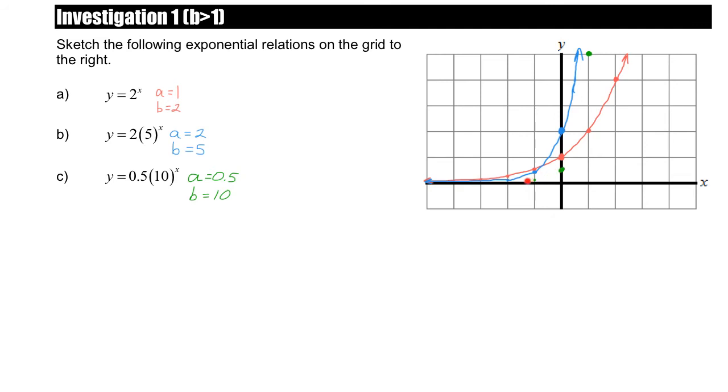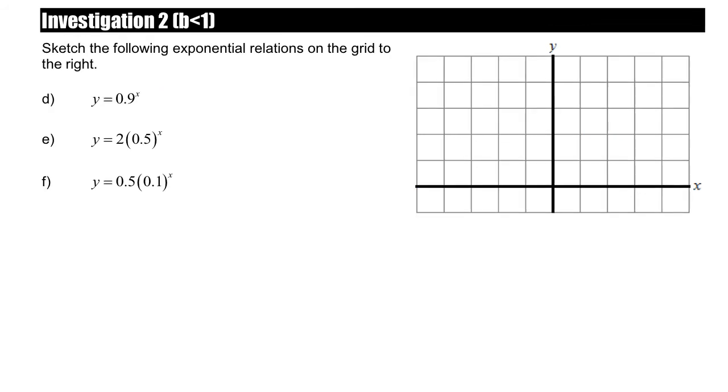It'll get smaller and smaller and smaller. So there's my graph for y equals 0.5 times 10 to the x. And again, these are all exponential growth curves. But the main idea here is that if you know what your y-intercept is and your growth factor, you can plot the graph.